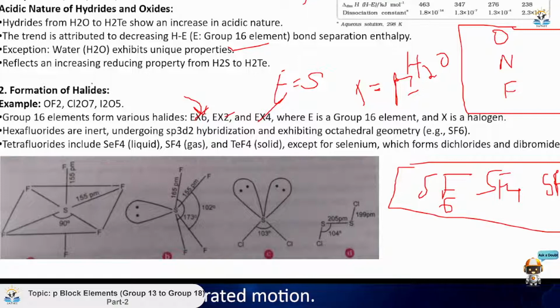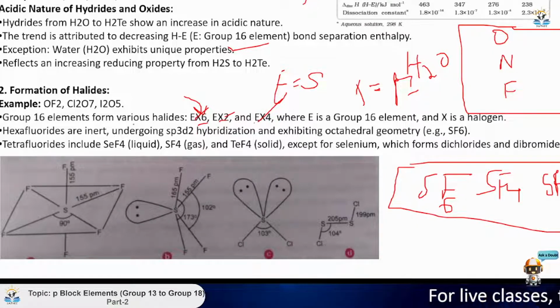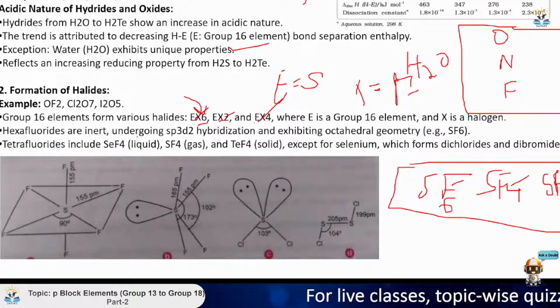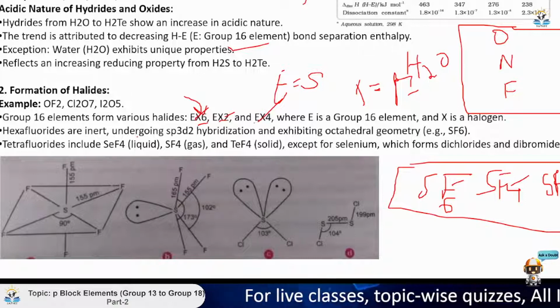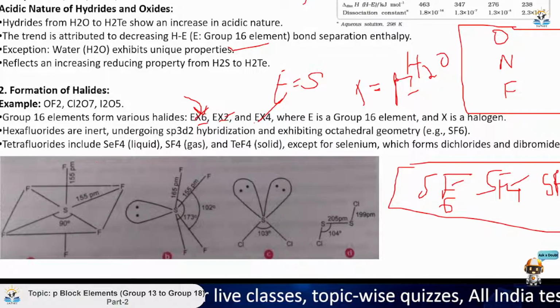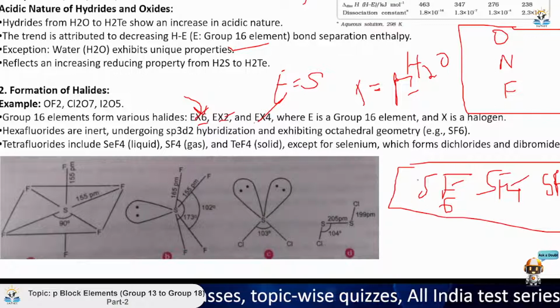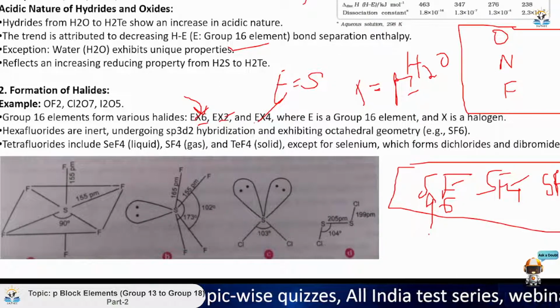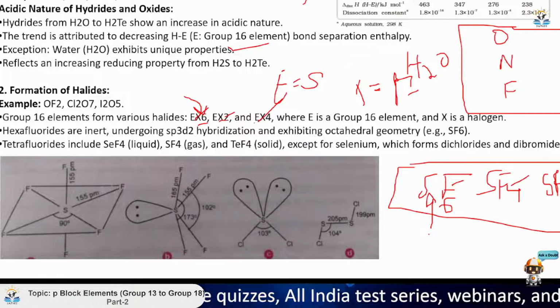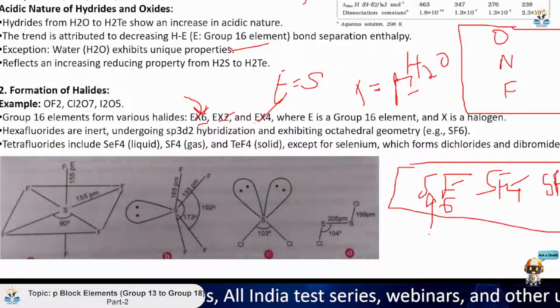So what happens is, we say that generally it's in the form of EX6, EX2, and EX4. Okay. And EX6 are basically our hexafluorides, and EX4 are known as our tetrahalides. Now, I just said fluorides because we are talking about SF6 in this case and SF4, but generally, this is what happens. And if we see all of them, here are a few things: this one has a hybridization of sp3d2 that leads to it having an octahedral geometry.